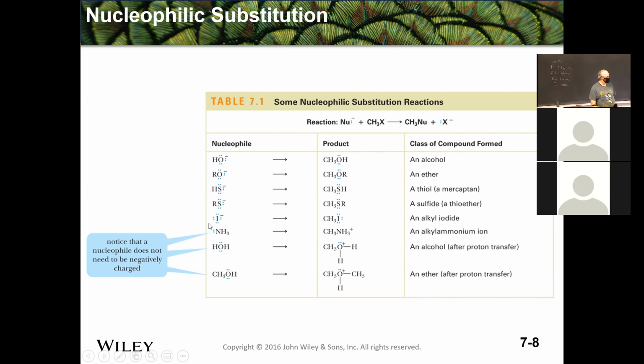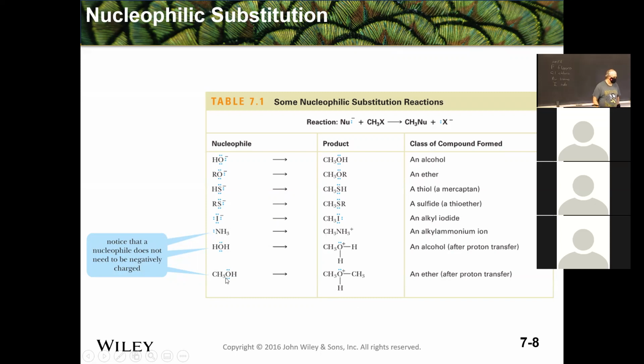We can also get a different alkyl halide. For example, we can take bromomethane and obtain iodomethane. We can form an amine salt using ammonia, also called an alkyl ammonium ion. Water can be a nucleophile, although it's a much weaker nucleophile than hydroxide. And then an alcohol can be a nucleophile.